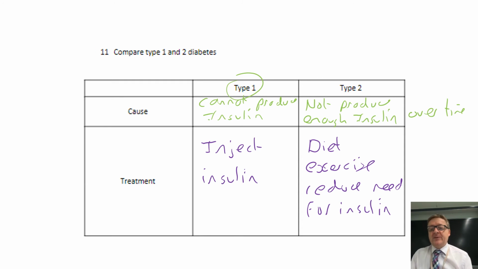Because often with type 2 diabetes, over time you've eaten too much sugary and fatty food, not exercised enough, and your body is almost worn out the amount of insulin it can produce. Then over time it can't produce enough insulin, or your body doesn't get as sensitive to insulin, so you have to control it by your own lifestyle.